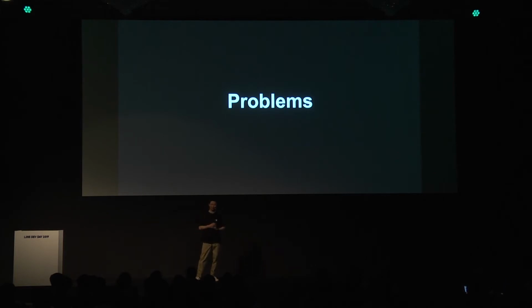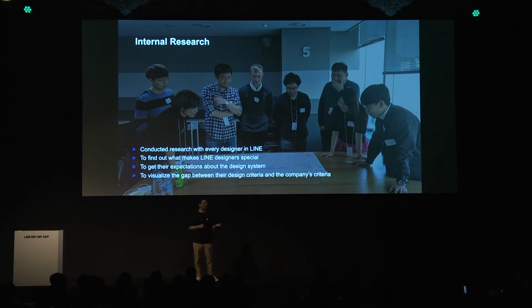Let's go to the problems. To find out what is behind the problem of the Line design system, or the design team without a design system, we need to interview the real users. In this case, our main users are Line designers. So we conducted several research studies to find out what makes Line designers special and to get their expectations and previous feelings about the Line design system.